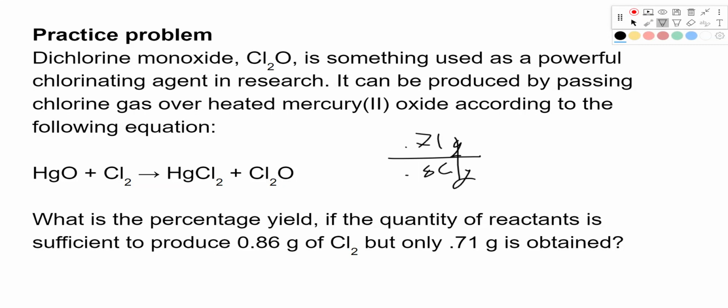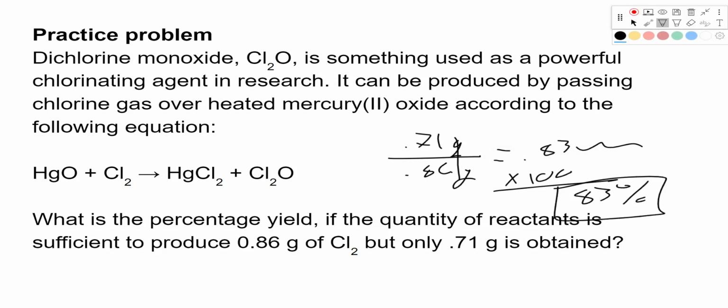This is a ratio. So we're going to wind up with 0.83 and a bunch of numbers afterwards, which when we take it times 100 will give us an 83% yield. So not terrible, not great. We'd like to see a higher yield, but not terrible.